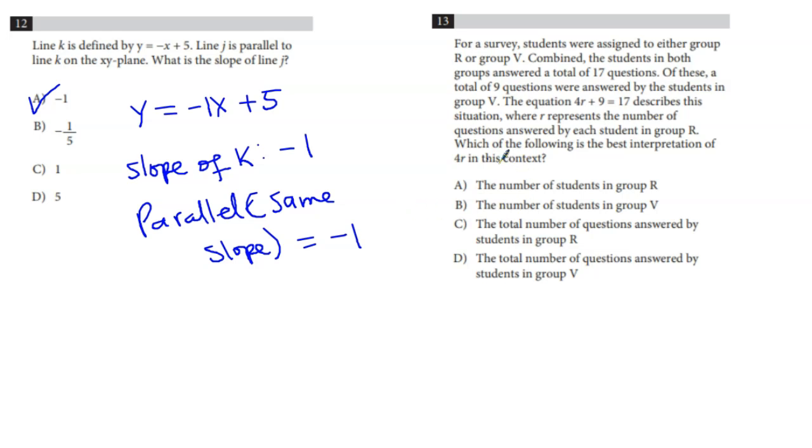So here, they told you that R represents the number of questions answered by each student in group R. So which of the following is the best interpretation of this one here? So here, the best will be the total number answered by group R. Okay, because we know that this is the number that represents. So if it is 4R, then it's going to be the total number.